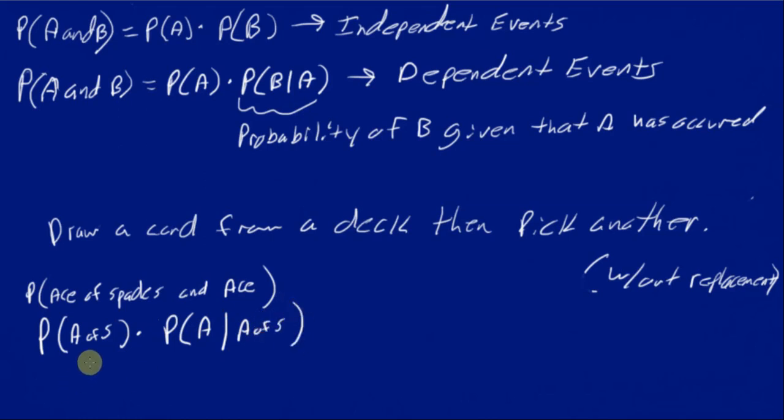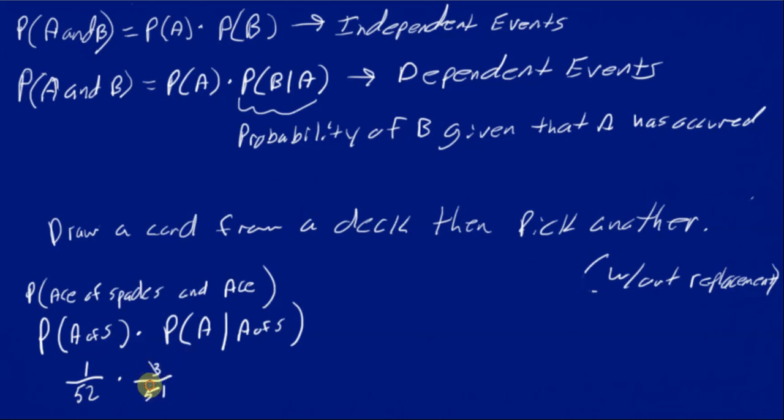The probability of the ace of spades, there is only one ace of spades in the deck, and there's a total of 52 cards. Now I want to pull out another ace given the ace of spades. Well, 4 total aces, but 1 is gone, so I'm down to 3. And not 52 cards anymore because I've already pulled a card, the ace of spades, so I've got 51 of them left.